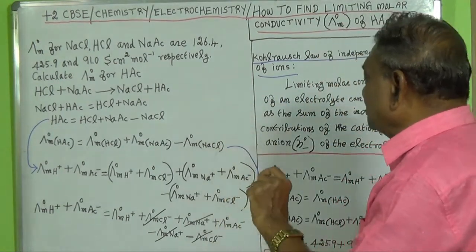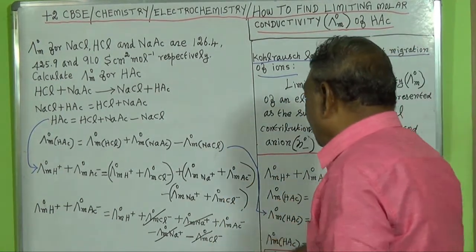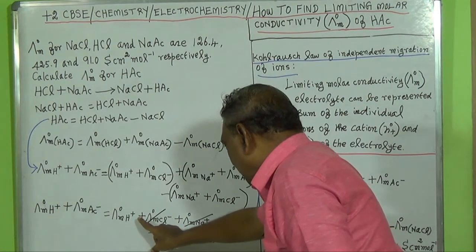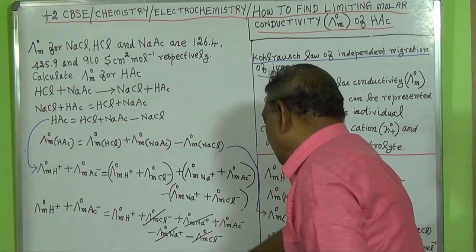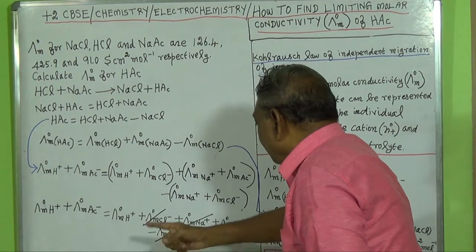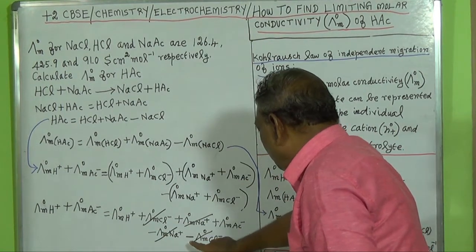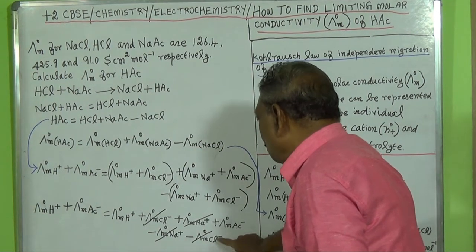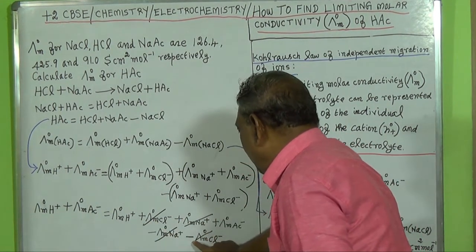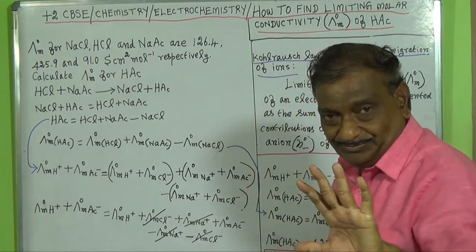On seeing the right side expression, here there is plus limiting molar conductivity of Cl minus, and also there is minus limiting molar conductivity of Cl minus. So this plus and the minus can be cancelled.